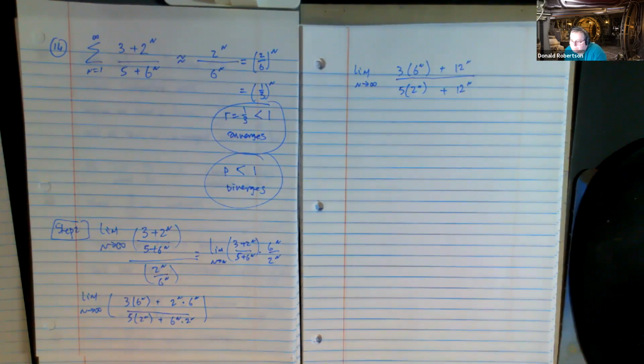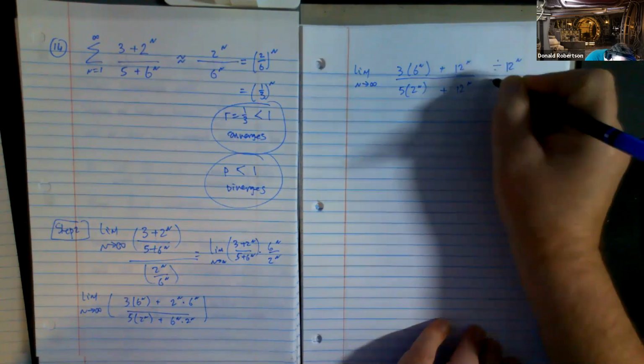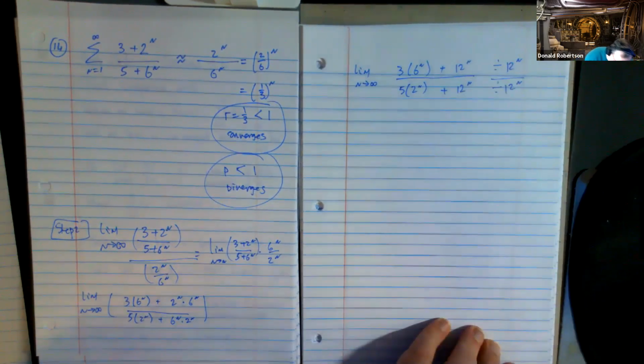And the next stage is not that nice, but it is doable. We have to figure out what the limit of this fraction is as n tends to infinity. If you're thinking, there are only 2 guys, L'Hopital or divide top and bottom. Can you trust me that L'Hopital goes nowhere? It just gets uglier and uglier and you never come out with anything. So I'm going to do the divide top and bottom trick. I'm going to divide the top and bottom by 12 to the n.